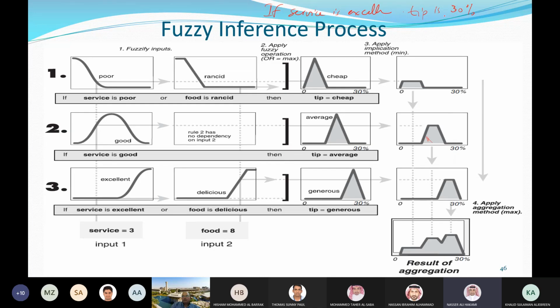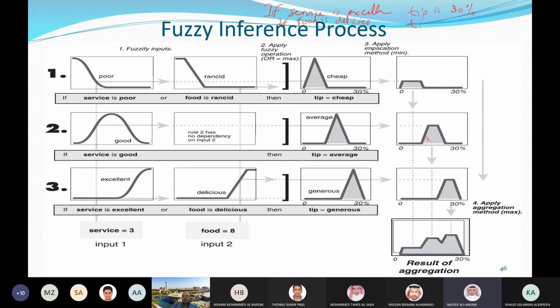And then I have another condition. The range is different. If the taste is good, this means the food is delicious, I'm giving 20%. So my range is different for this. This means for me, I care more about, for example, the service rather than the quality, or the opposite.